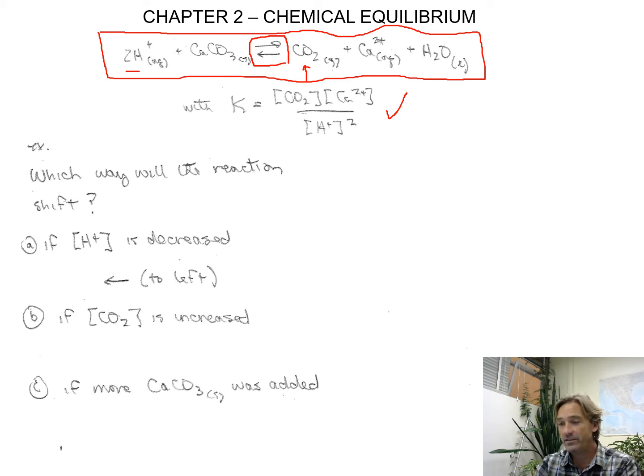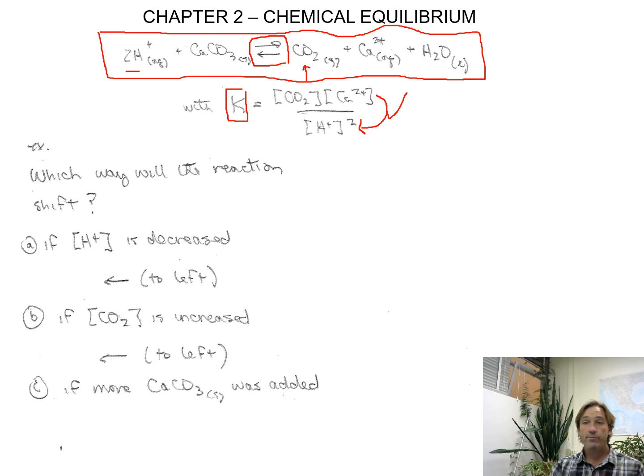In order to get the ratio back to equaling the equilibrium constant, we're going to have to make more reactant, and in doing so, have less product. So we will reach a new equilibrium position, and we do that by shifting the reaction to the left again.